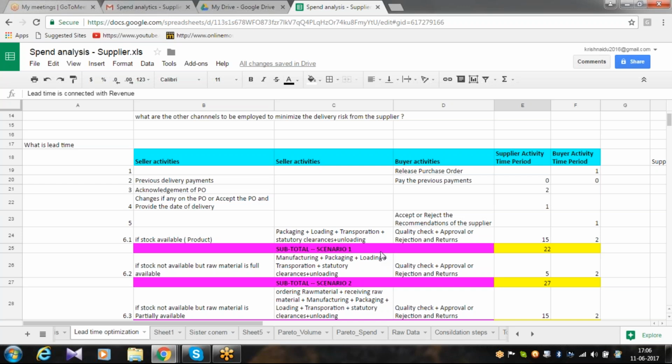If he doesn't keep the raw material stock, if he buys the raw material from his supplier, how much time do their suppliers take to manufacture and to ship the product? So all those things we need to analyze in order to understand who can provide a product at a minimum lead time.